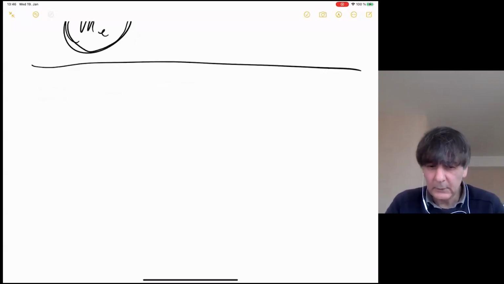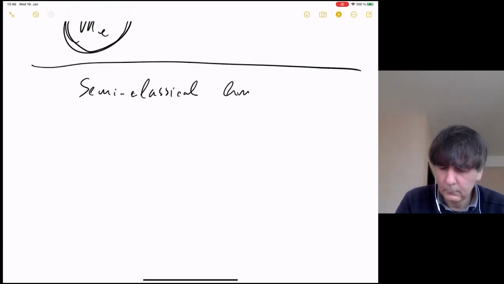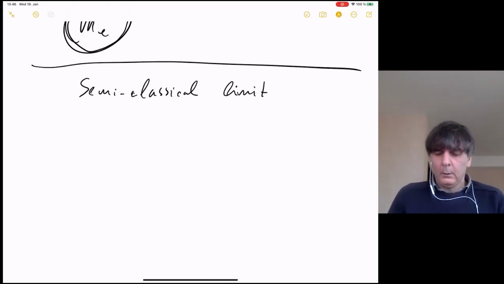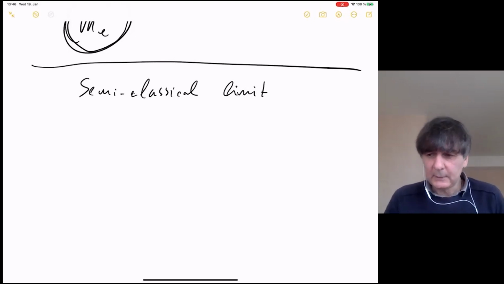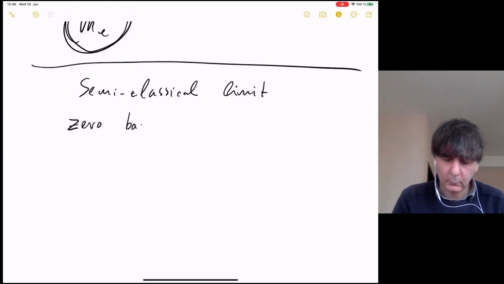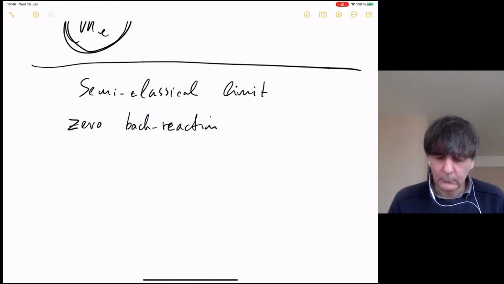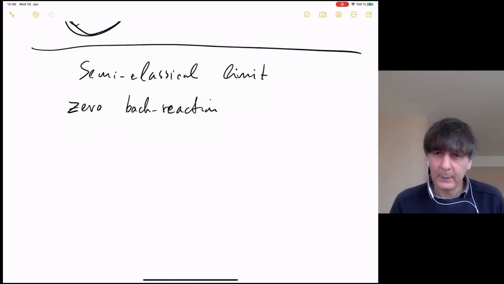So, the semi-classical limit. The semi-classical limit is a limit in which we can ignore back reaction. So this is a limit of zero back reaction. In other words, let's consider a particle placed in a gravitational field.